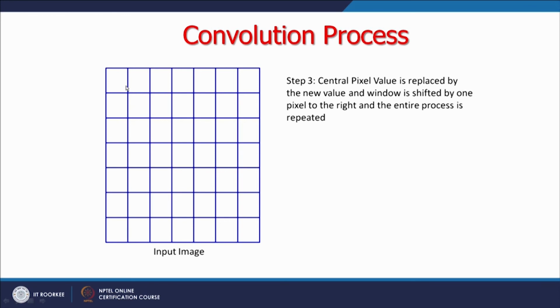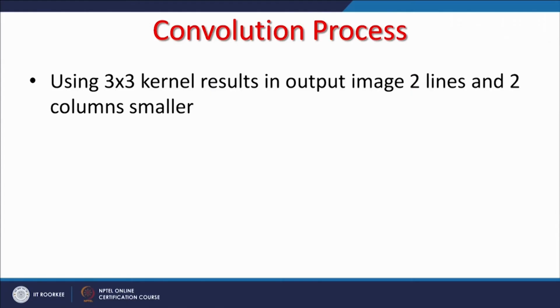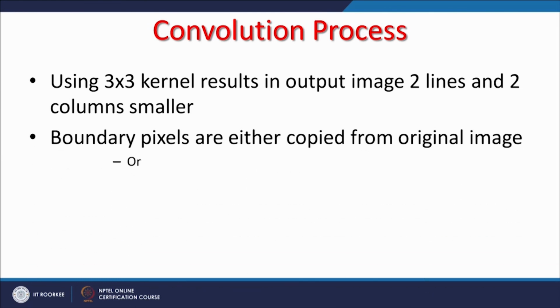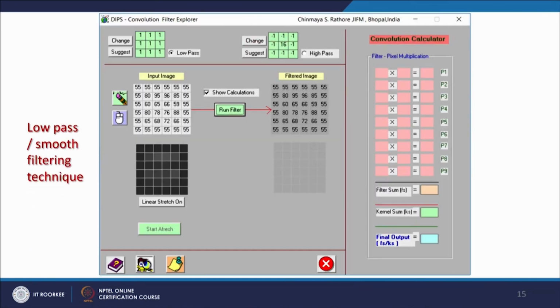So the first column and first row pixels cannot be processed, for all the corners and on the sides as well. And likewise it goes till the end, and the last pixel is calculated. So, using a 3 by 3 kernel results in an output image that is 2 lines and 2 columns smaller. The boundary pixels are either copied from the original image or duplicated from the side and then computed.